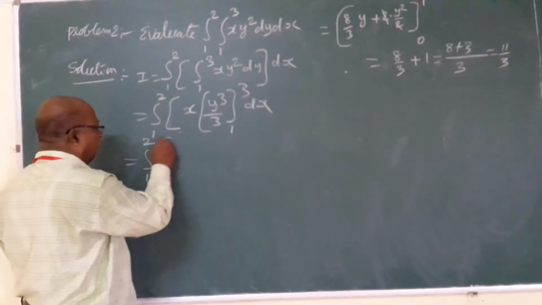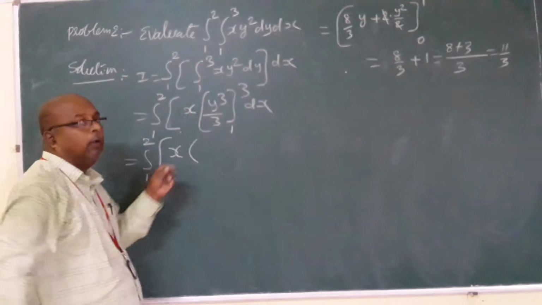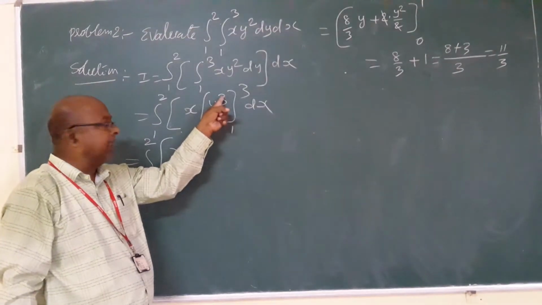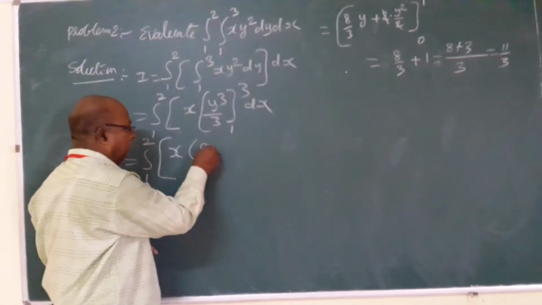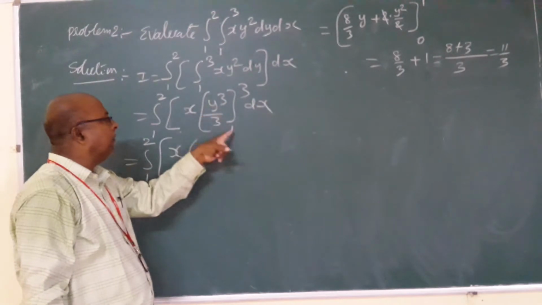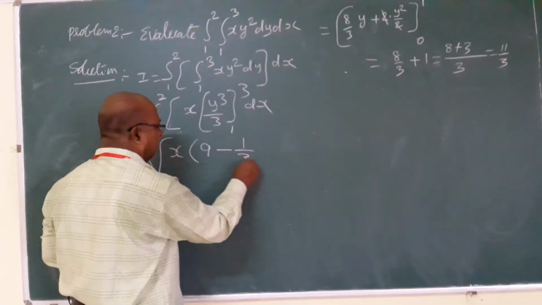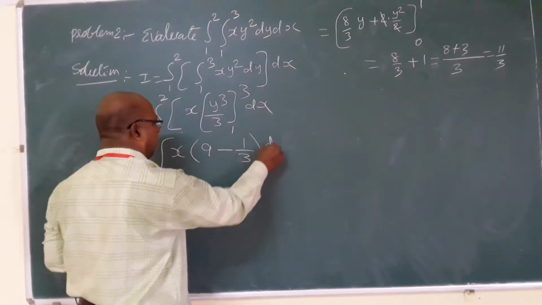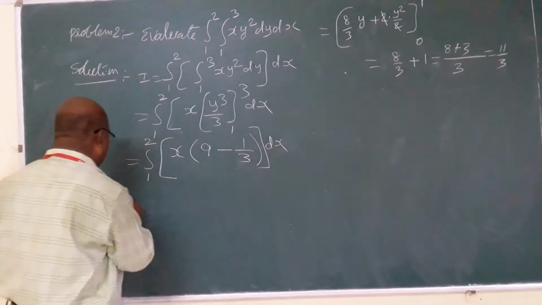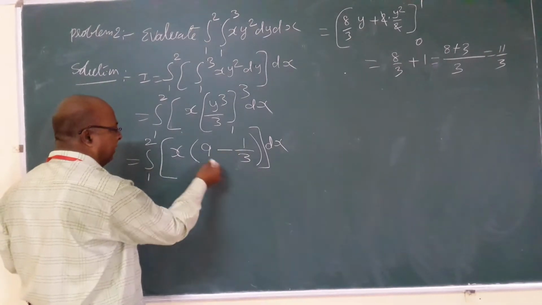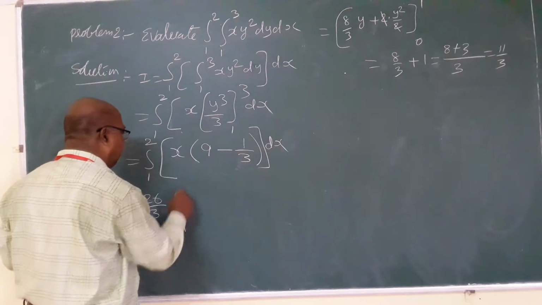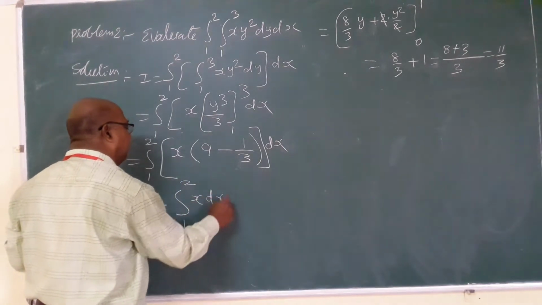Substitute first the upper limit 3: 3 cubed is 27, by 3 is 9, minus instead of y, 1 by 3, dx. So 9 minus 1 by 3, that is 26 by 3.